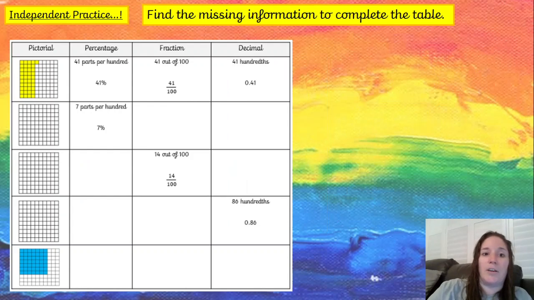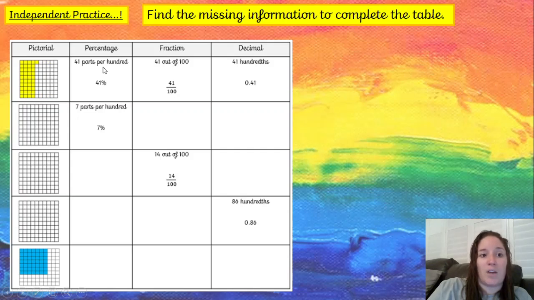Okay, over to you. Have a go at completing this table. If you're at home and you haven't got access to a printer, that's fine. You can just draw a table, and don't worry too much about the pictorial if you are drawing it out. You can just write the table, or you can print it from the resources if it's easier. For each row, you've got a pictorial representation.